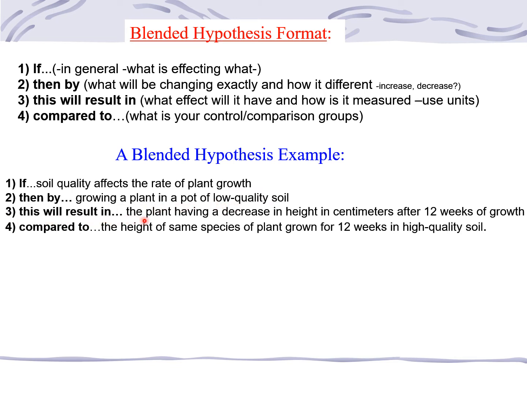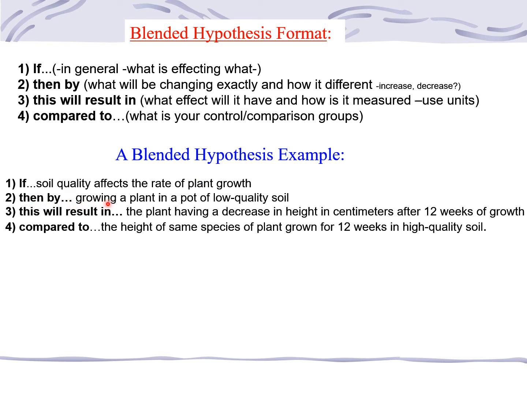This will result in the plant having a decrease in height in centimeters after 12 weeks of growth compared to the height of the same species of plant grown for 12 weeks in high quality soil. So again, the if, what do I think is affecting what?